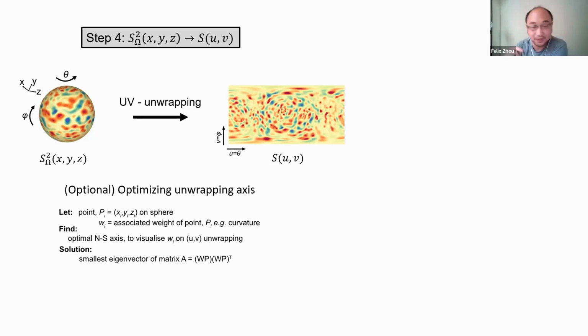A convenience feature we introduce in U-Unwrap 3D is, of course, you appreciate that if you have a sphere, the north and south poles are mapped with the greatest distortion, and the equatorial region has minimum distortion. So we allow you to specify a weight function to map only those surface features of interest into the equatorial region, so you can minimize distortion.